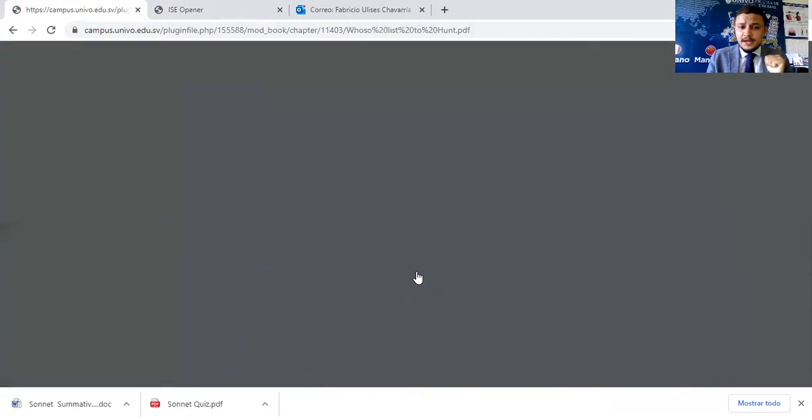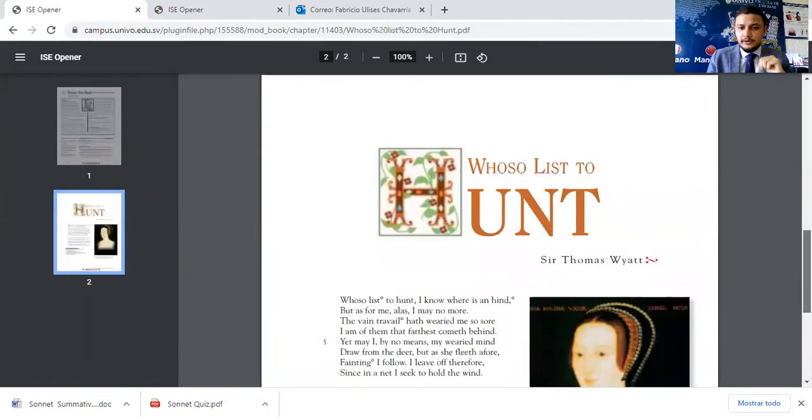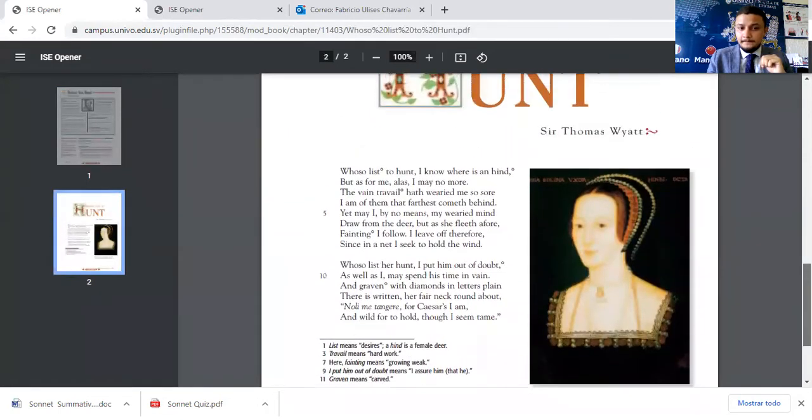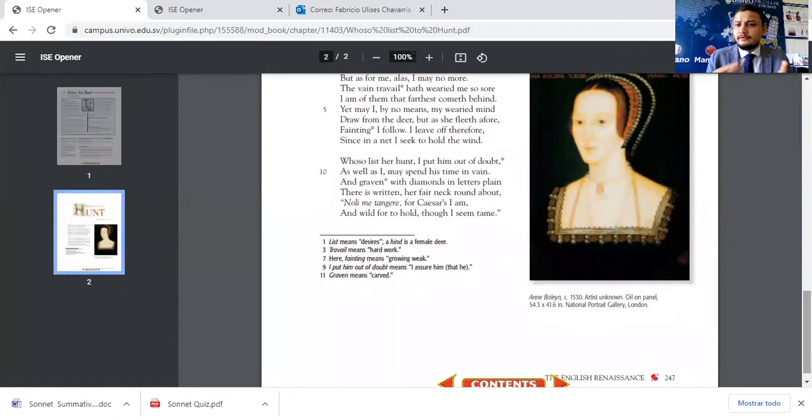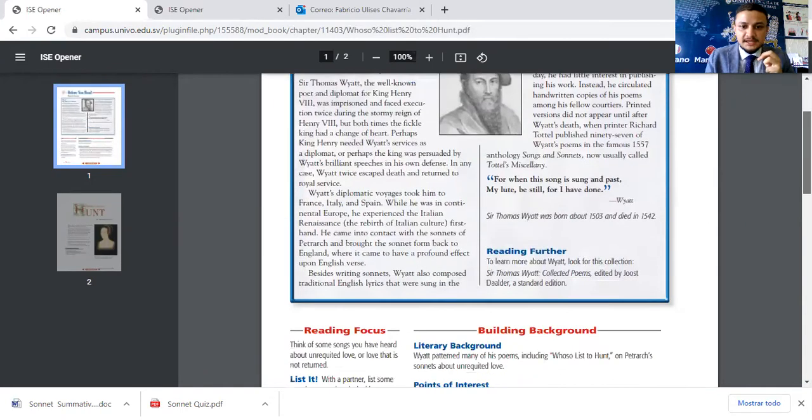Reading number 2, we have one selection of poetry. This poem is by Sir Thomas Wyatt, and this is the poem. It's a very short poem, but it gives you the reference of what poetry looked like in this period of early, or mid-Renaissance, in English.